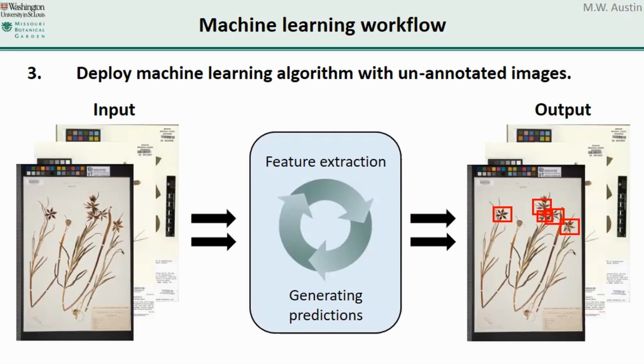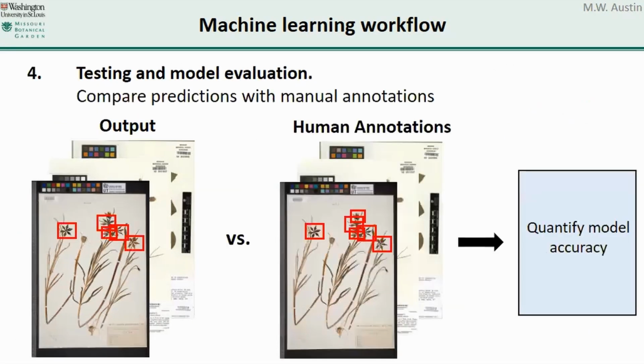After deployment, model accuracy can be evaluated by having a human manually annotate a subsection of the images that the model was deployed with, and we can calculate model accuracy based on how closely the model's predictions match the human annotation.